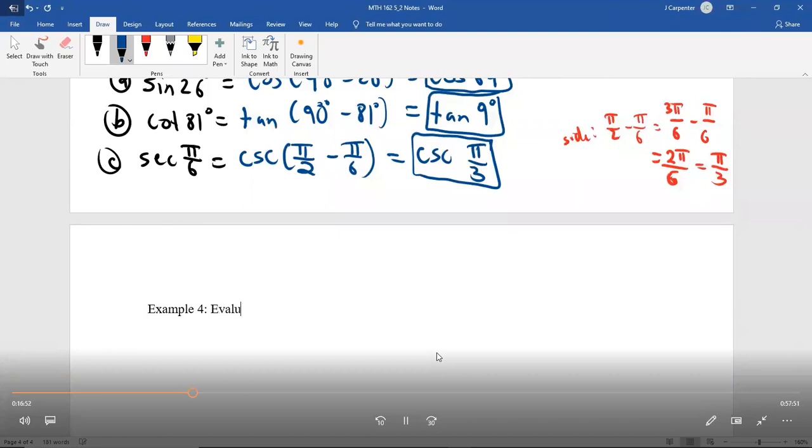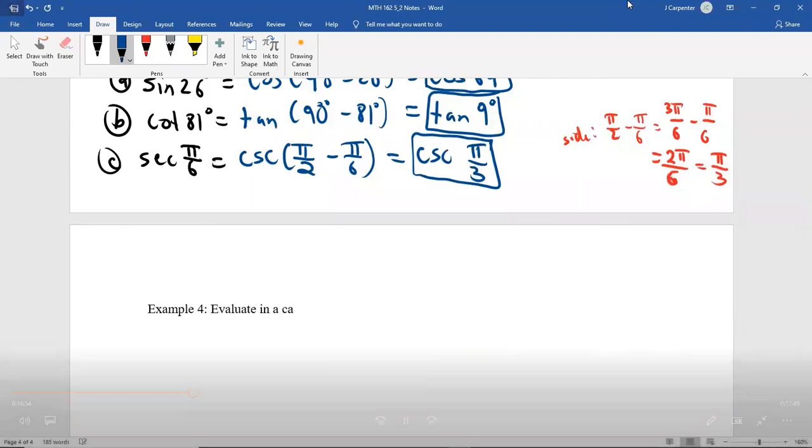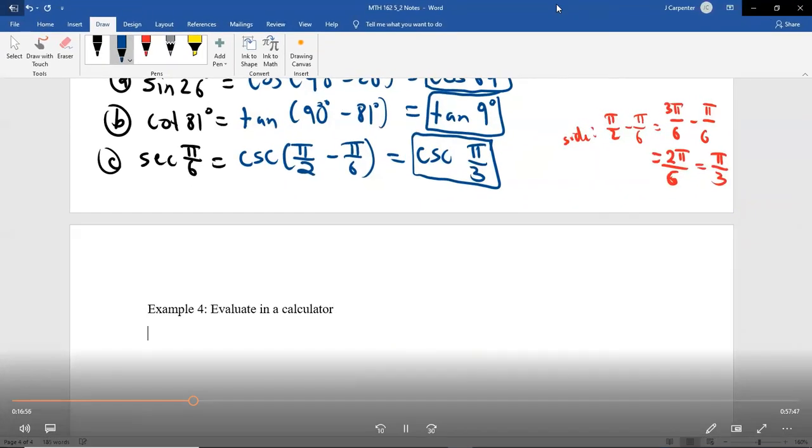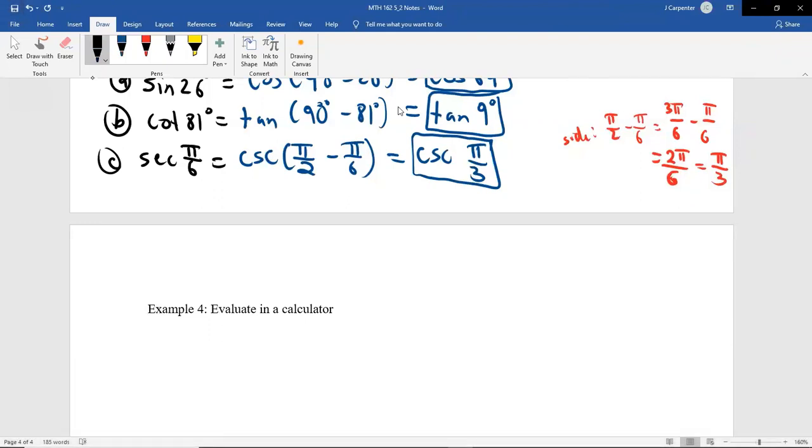We are going to evaluate in a calculator. Okay. We're going to have the sine of 26 degrees. I'll go ahead and write them all up at once since it's just type it in.